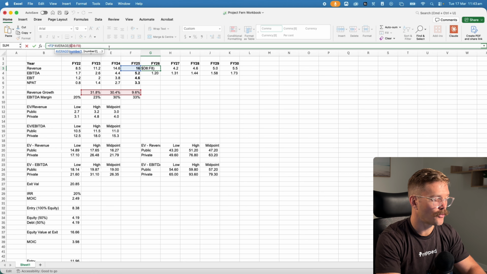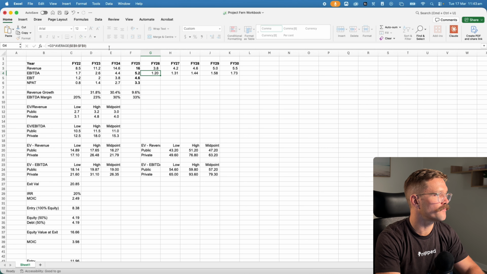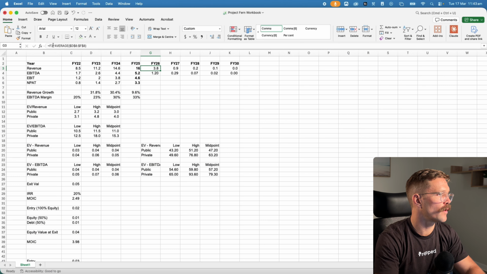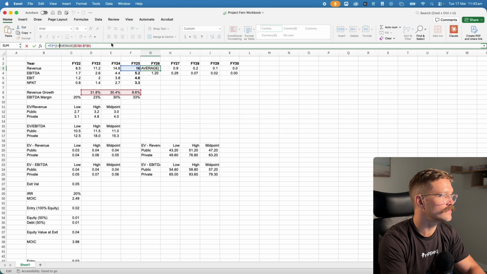I should have made this more dynamic to be able to show you this, but it's all right. Why is that not working? Times 1 plus. So you can see we get a way higher EBITDA at the end of it and the valuation range.